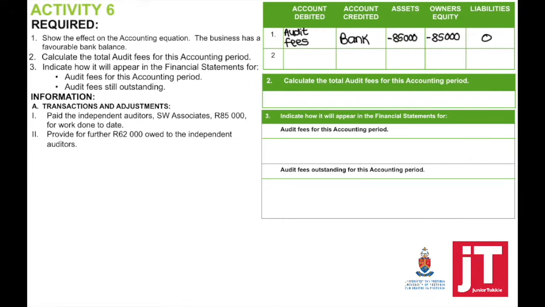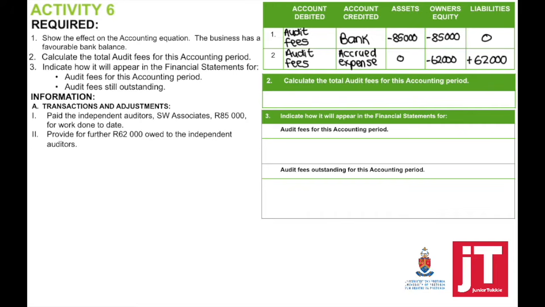Transaction number 2, provide for a further $62,000 owed to the independent auditor. Again, audit fees is debited, accrued expense credited, owner's equity minus $62,000, liabilities plus $62,000.